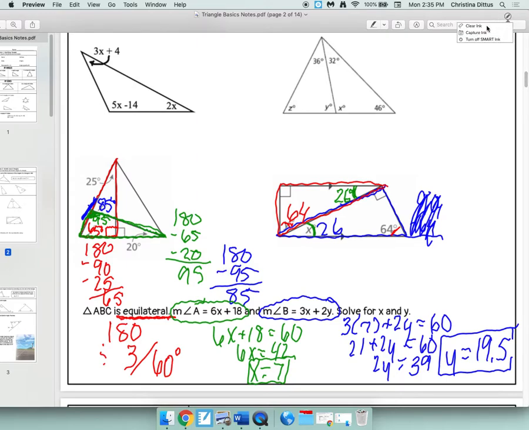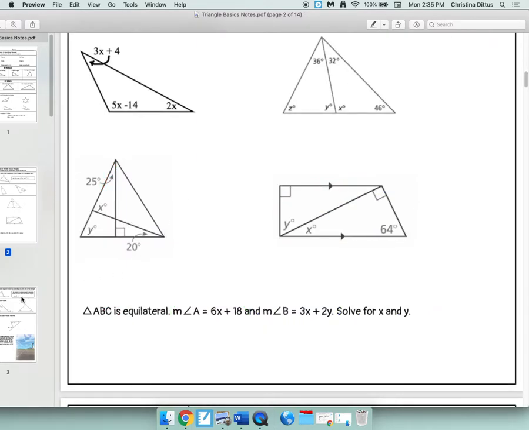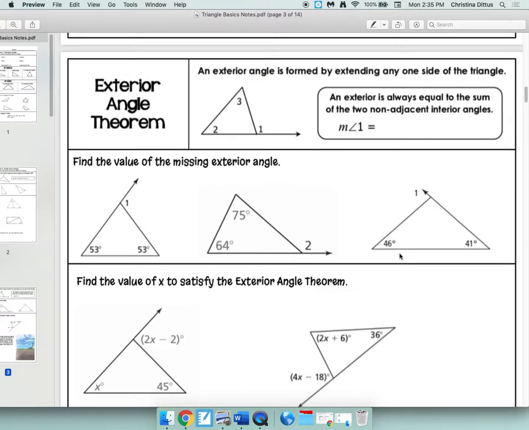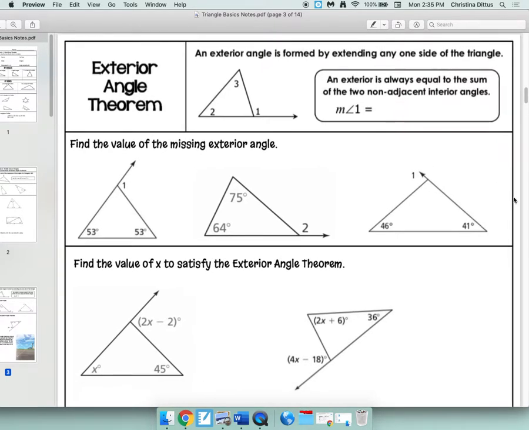This last thing you probably haven't heard of before, but it is not bad at all. If I have an exterior angle, so an exterior angle means I have a side of a triangle that extends past that triangle. Okay, number 1 is outside of my triangle. You all see that? Okay, to find how much this equals, all you need to do is take the angles, not the one next to it, so never take that one.